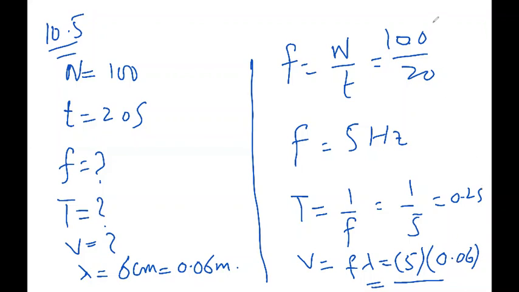Now check the answers. Now 10.6 is a wooden bar vibrating on the water surface in a ripple tank with a frequency of 12 Hertz.